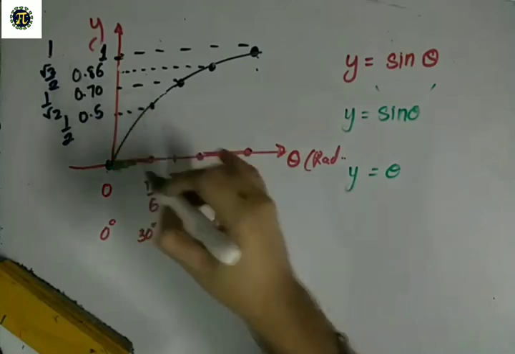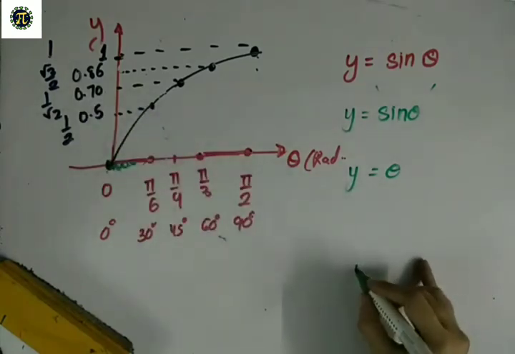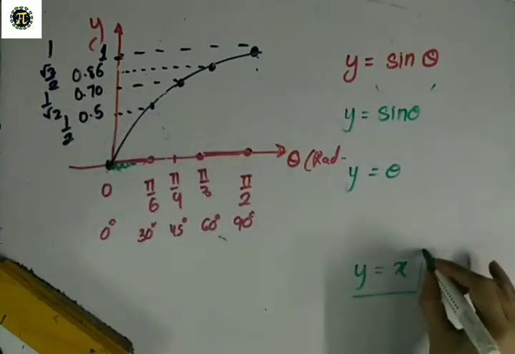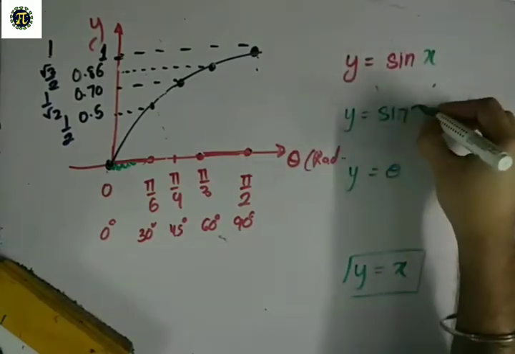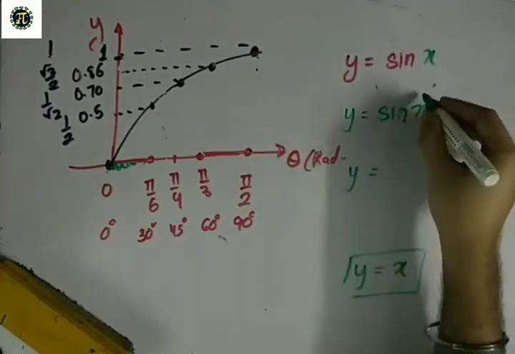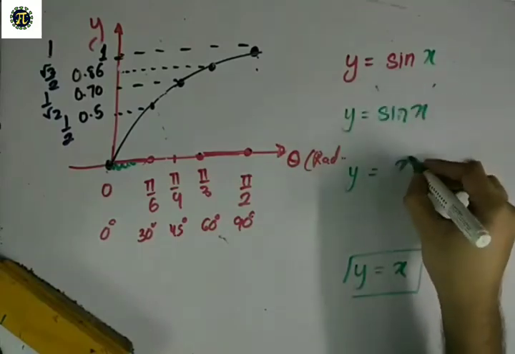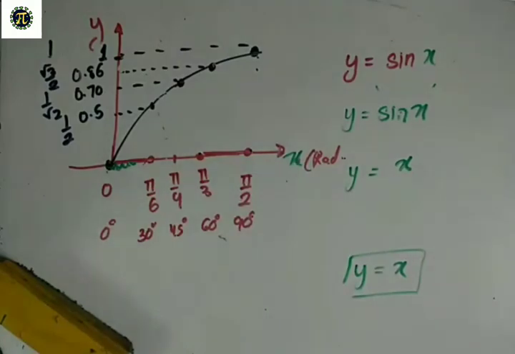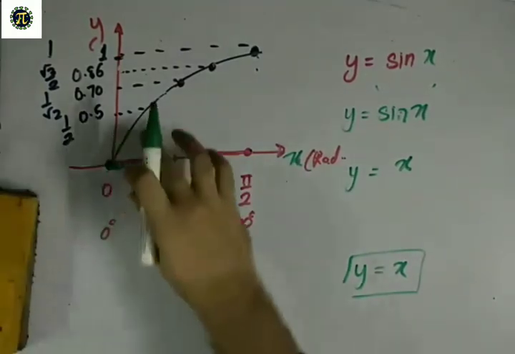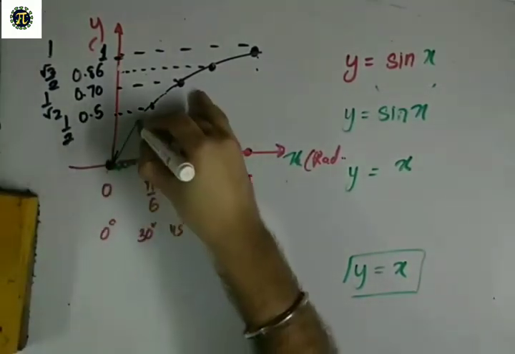You have all seen the line y is equal to x. Let's say x is in radians, so sin x will be equal to x.